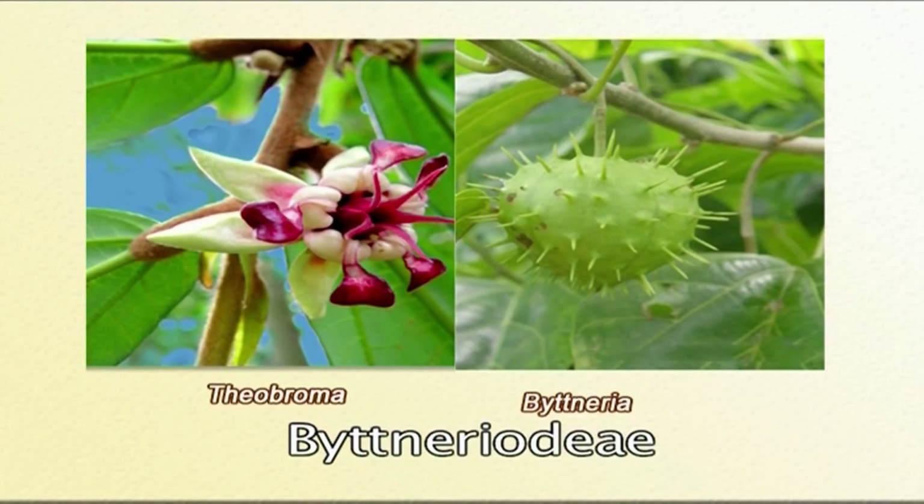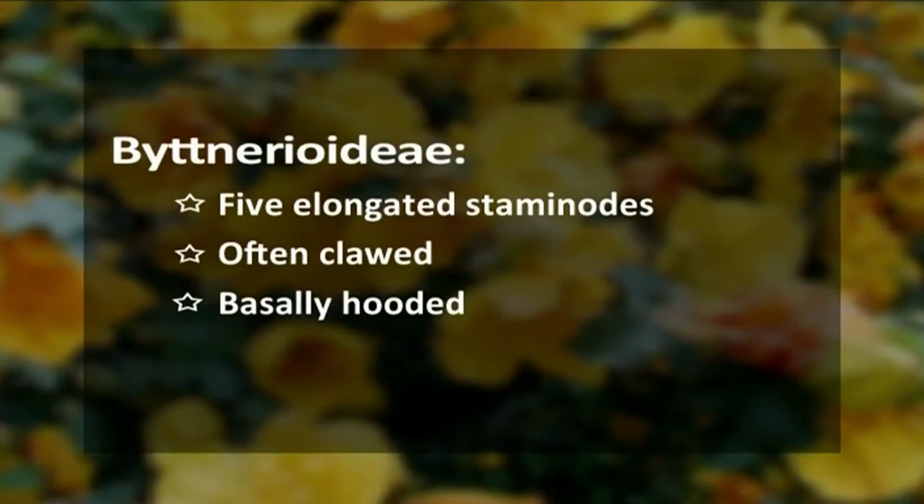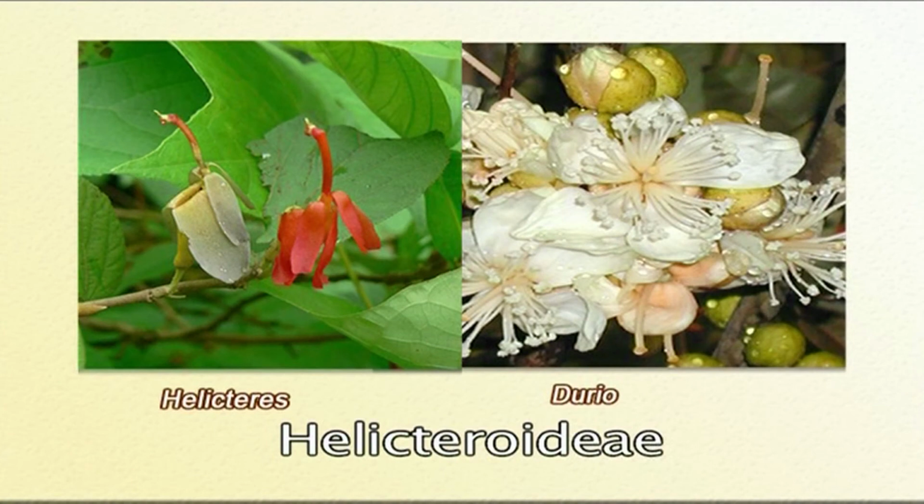The Byttnerioideae have 5 elongated staminodes that alternate with unusually shaped petals. Often these petals are clawed and basally hooded.